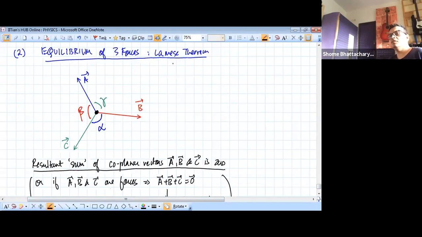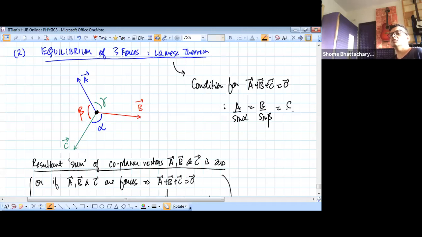So basically the statement is like this. The condition for the sum of the three vectors to be 0 is that A upon sine alpha is equal to B upon sine beta is equal to C upon sine gamma.